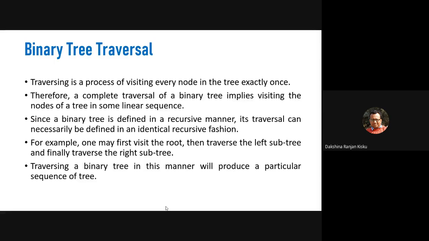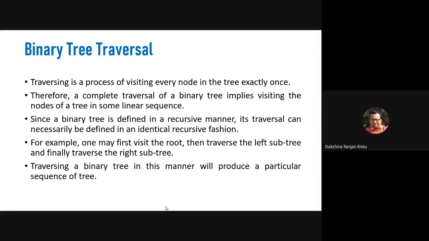In the second, we visit the left subtree first, then the root node, and finally the right subtree. And in the third, we visit the left subtree, then the right subtree, and finally the root node. So these three different linear sequences make three different types of tree traversal.